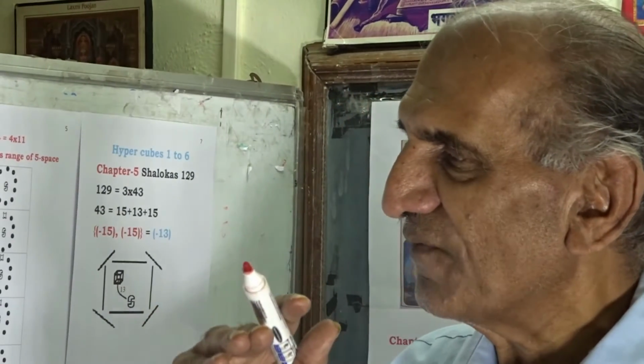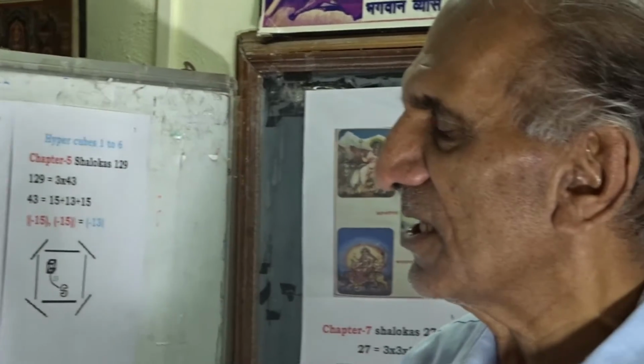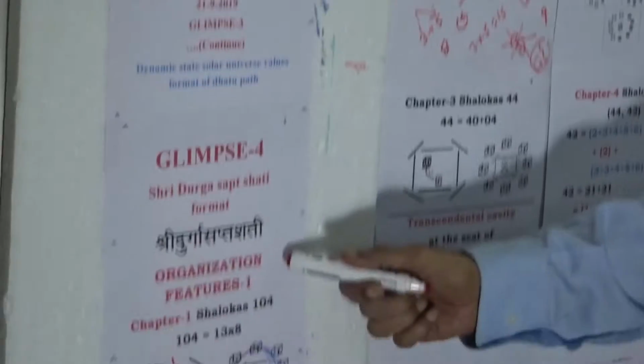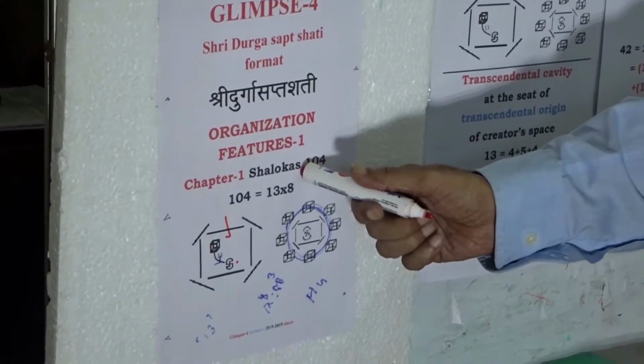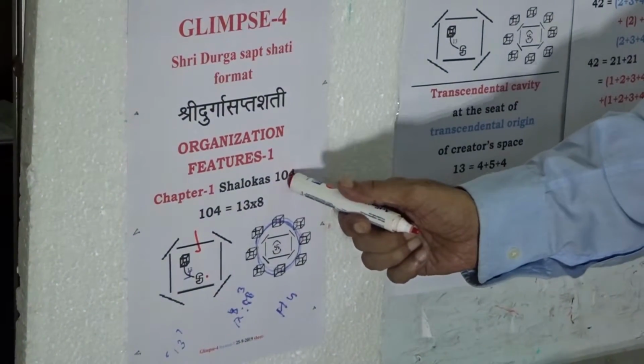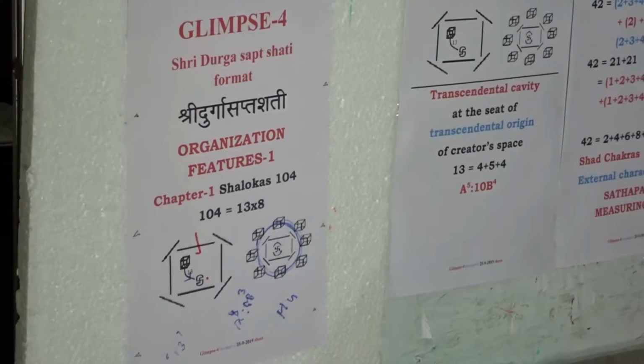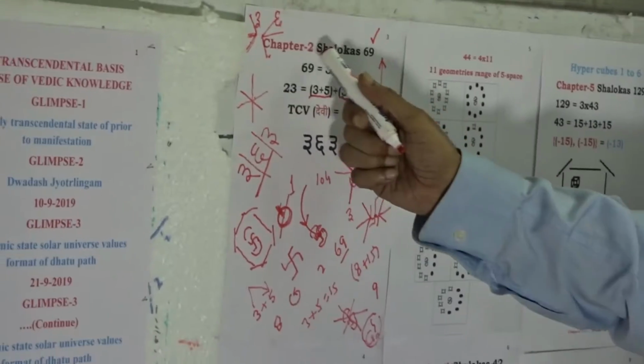One shall sit comfortably and permit the transcending mind to be face to face with this organization feature, which takes us to 104 as a value for the shlokas range of chapter 1 and value 69 as shlokas range of chapter 2.